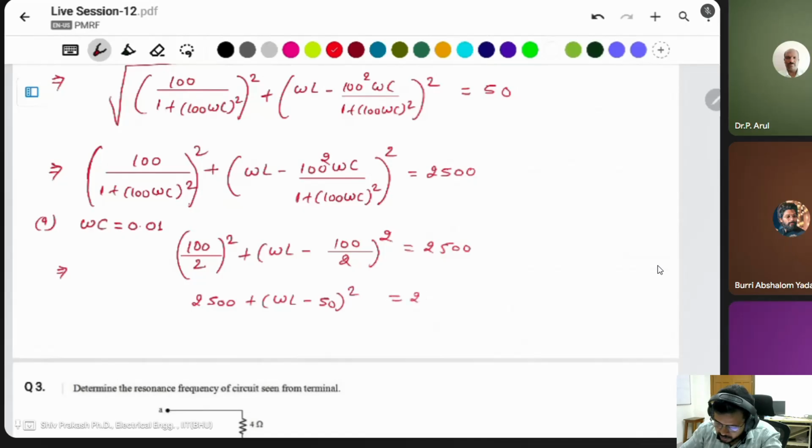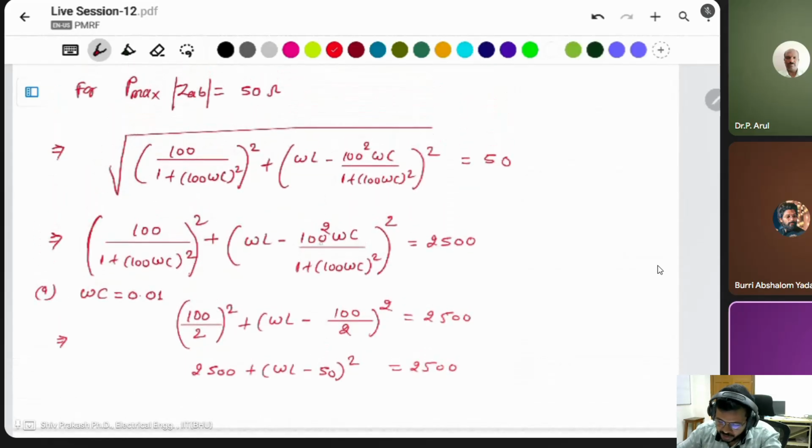In the imaginary part it is 100 square into omega c. So 100 into 100 into omega c 0.01: 100 into 0.01 is equal to 1, and 1 into 100 is 100.